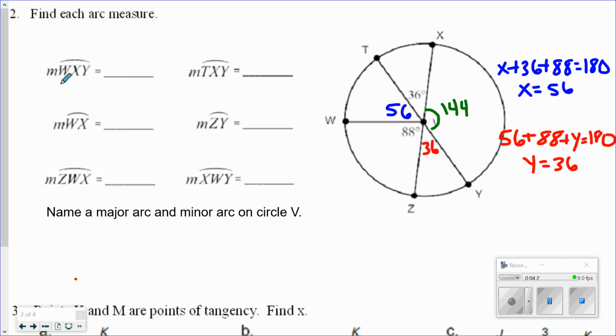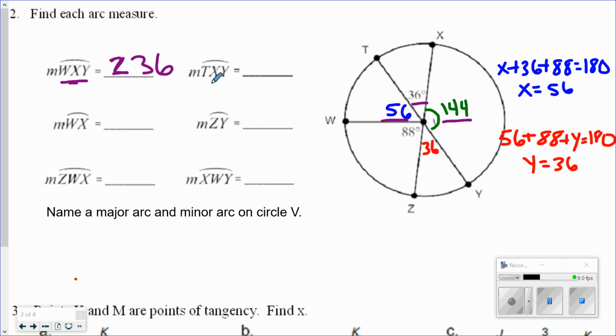The first one is WXY. WXY is this arc right here. So I'm just going to add up 56, 36, 144, and when I do so, I get 236.